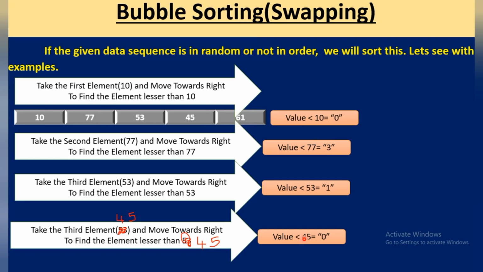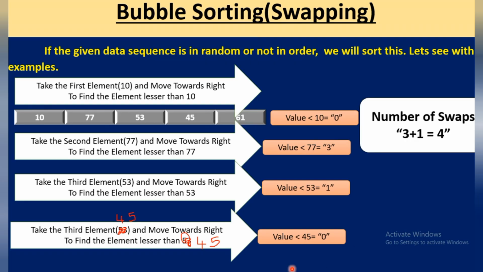We collect all those counts for lesser than 10, 77, 53 and 45, and swap those elements into ascending order. The total number of swaps required is 3 plus 1, because the zeros we cannot take into consideration. So 3 plus 1 is equal to 4.